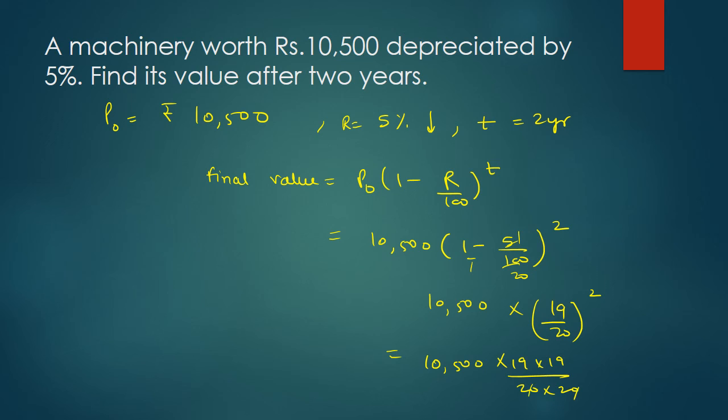So these two zeros get cancelled with these two. So you've got 105 multiply 19 multiply 19, that is 37905 divided by 4, and you will get 9476.25, right? So this is how you can solve these questions.